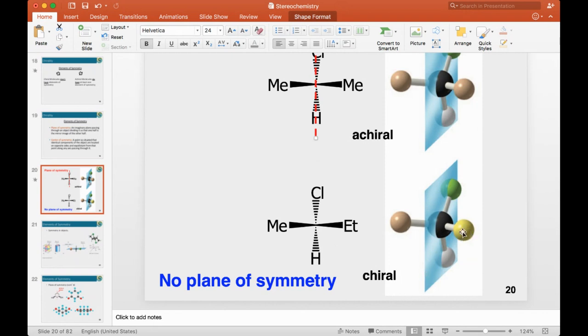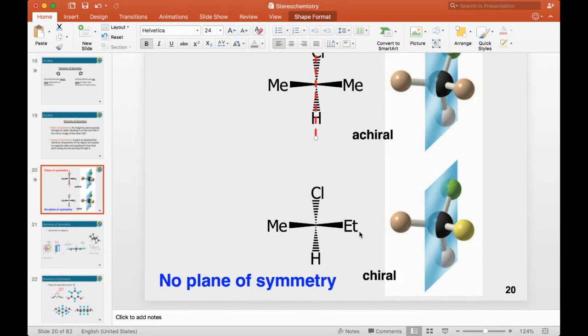Now what happens is that the group on the right side is not the same as the group on the left side, so therefore, this side is not a reflection of the other side. So the plane is not dividing the molecule in two sides that are the reflection of one another.